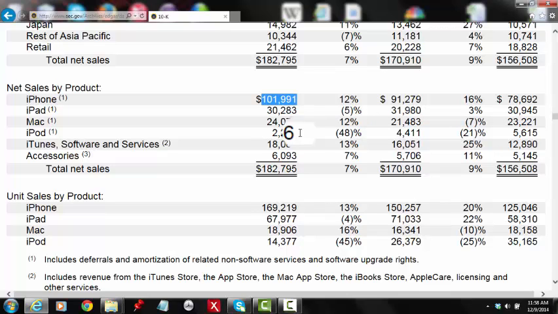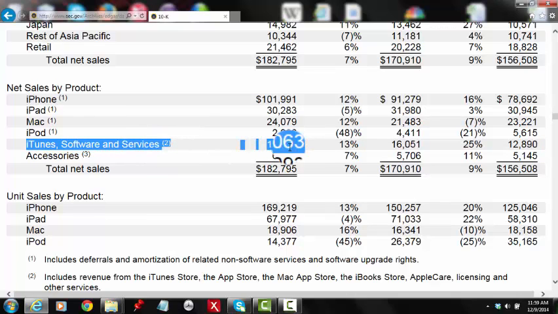And the iTunes software. Everyone is predicting that it's going to be a very big portion of Apple's sources of revenue in future, because Apple doesn't have to do much here.